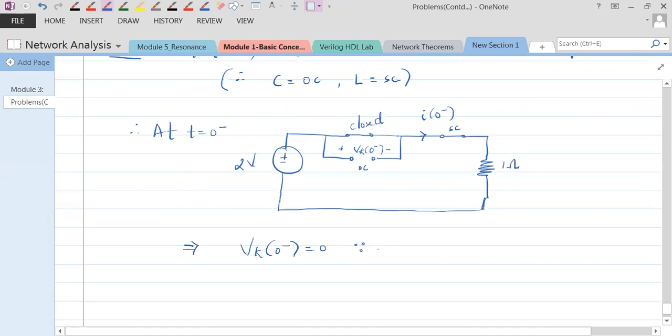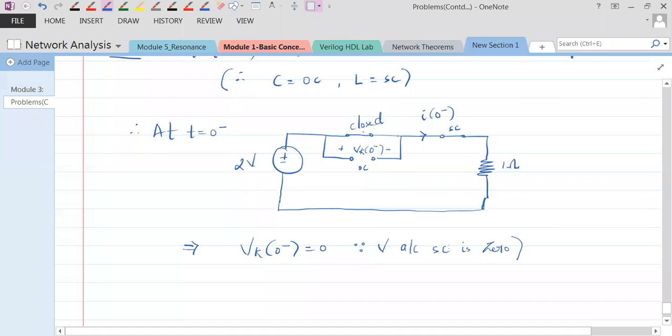Since zero resistance, since voltage across a short circuit is 0.